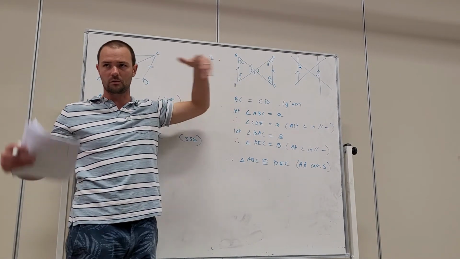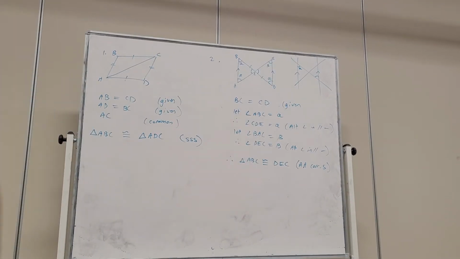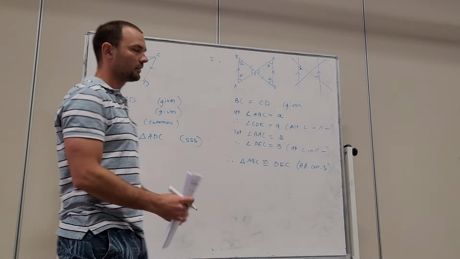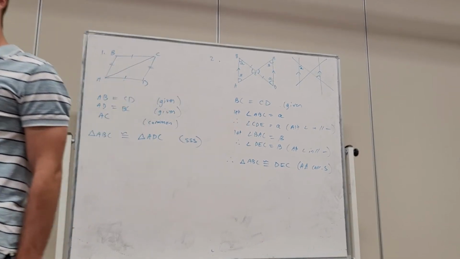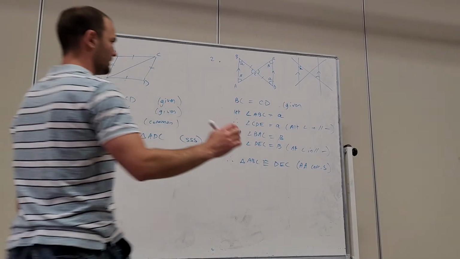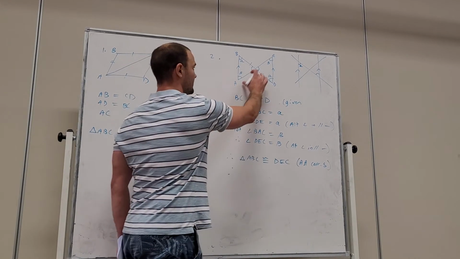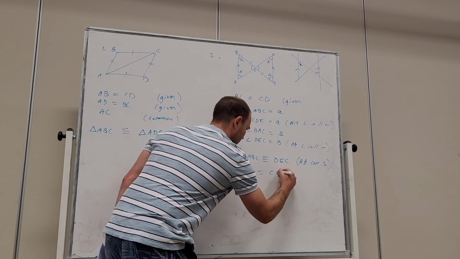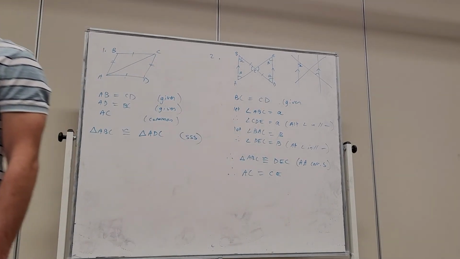So we have two angles in common and a corresponding side in the same relative position. So they're congruent. Now, because they're congruent, it means all sides are the same. And so therefore, AC equals CE. And so we've proved it.